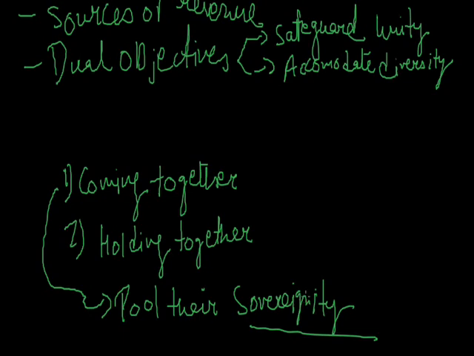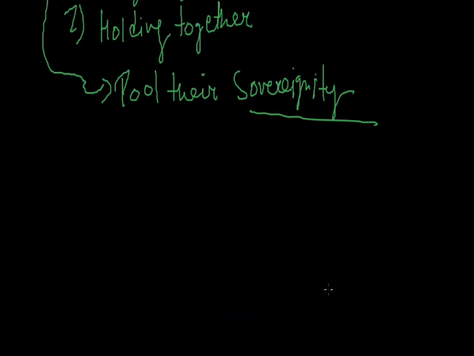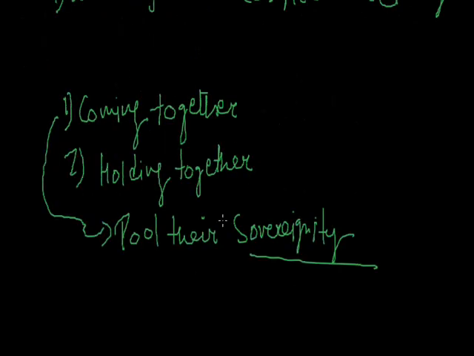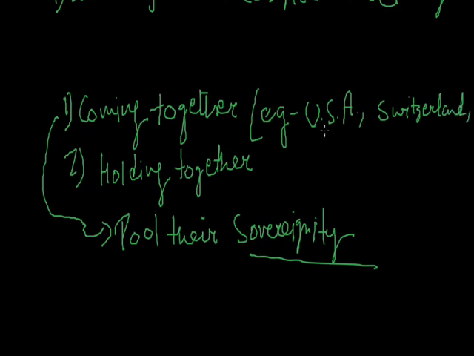Means America won't dictate to us how we are going to keep our relations with Pakistan or China. That is sovereignty. Examples of coming together federalism: the biggest example is one of the largest democracies of the world, USA. Another, Switzerland. Another, Australia.